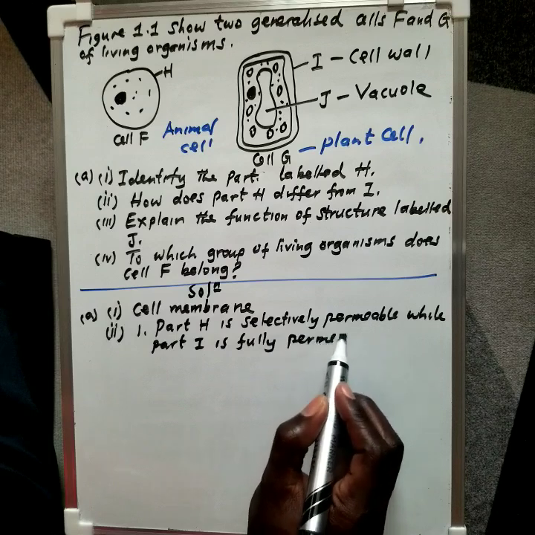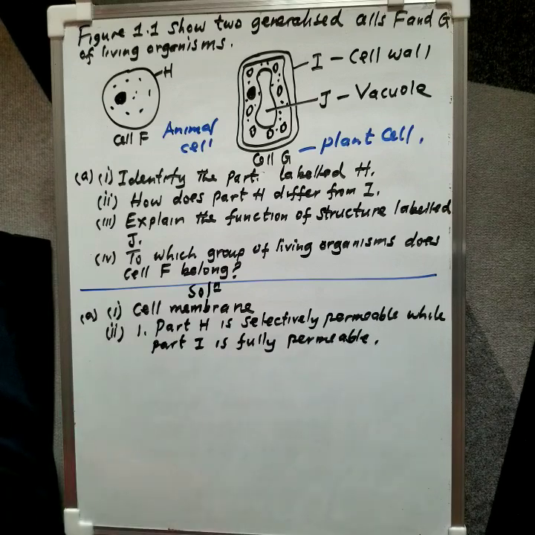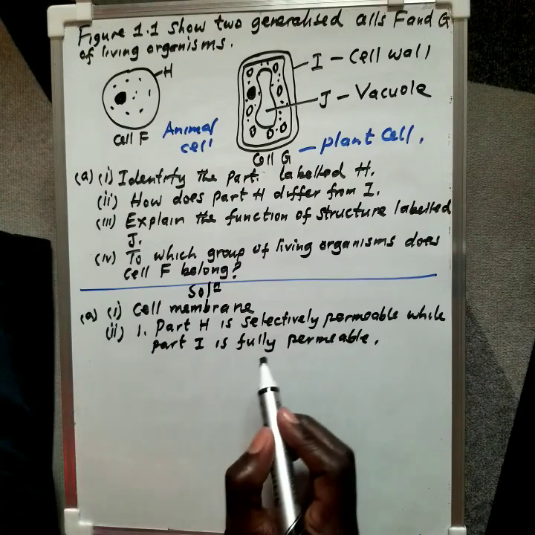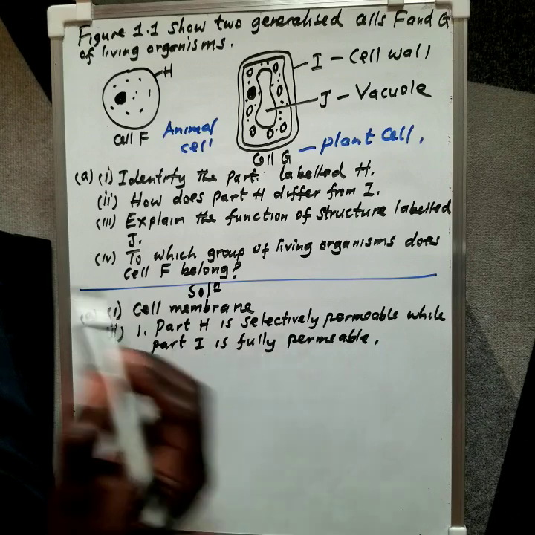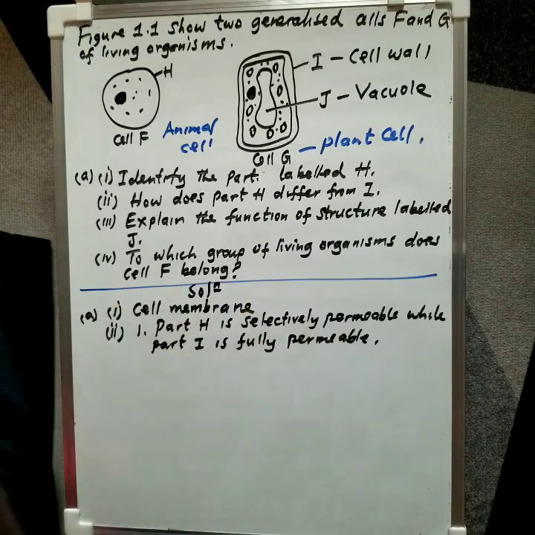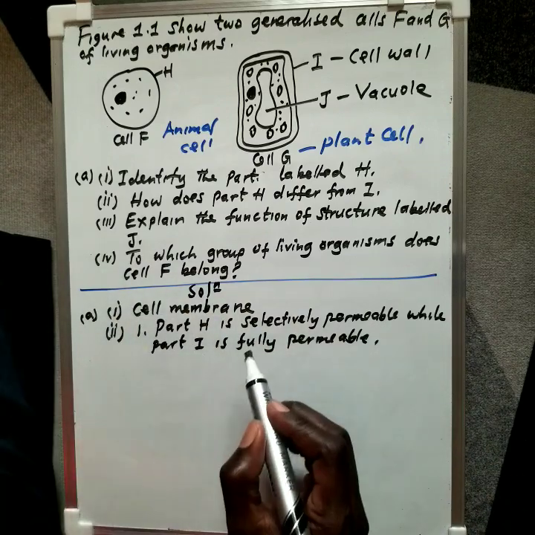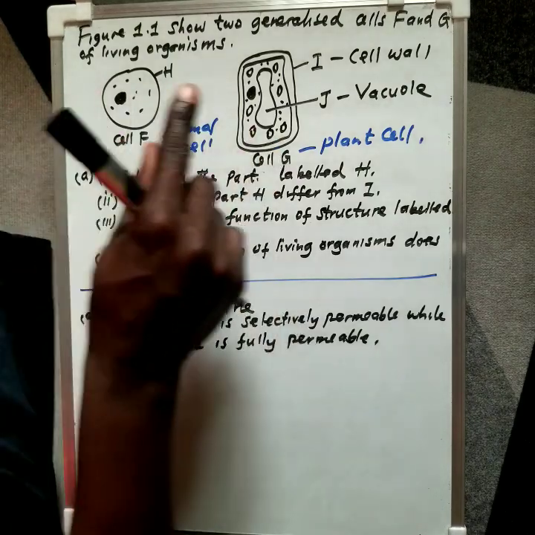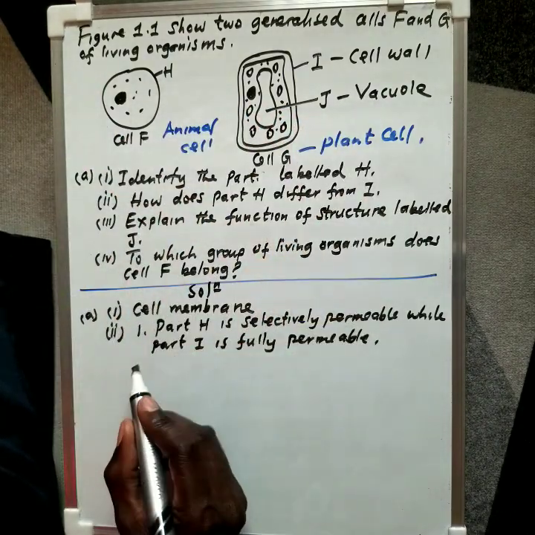So that is what you can write there. What do I mean when I say it is fully permeable? Meaning that it can allow almost anything to enter and leave the cell. But selectively permeable means it selects what can go in and what can go out.